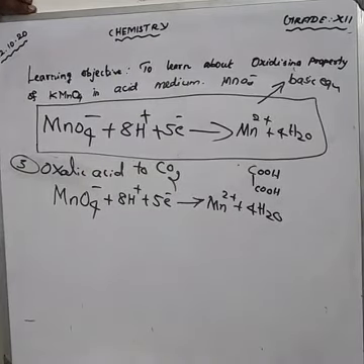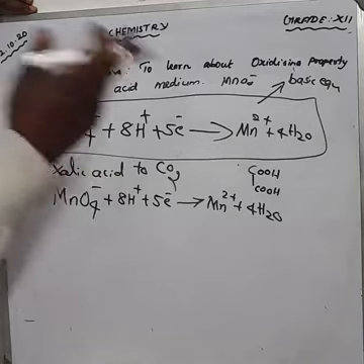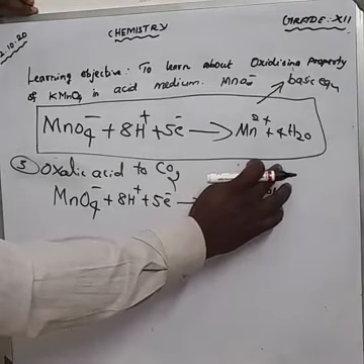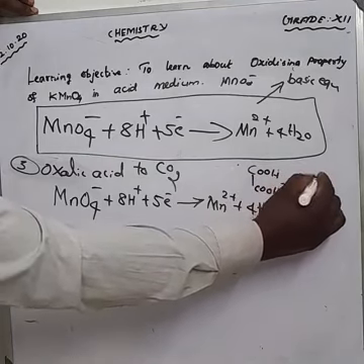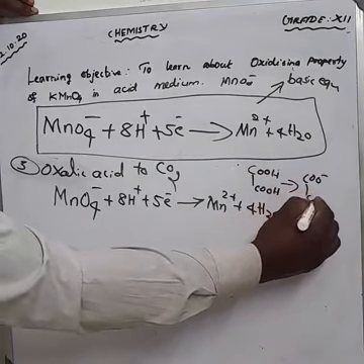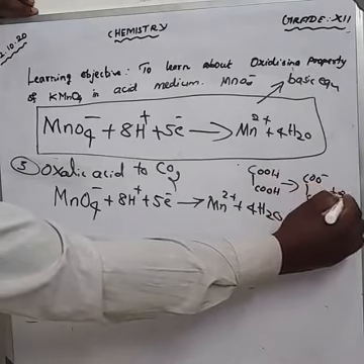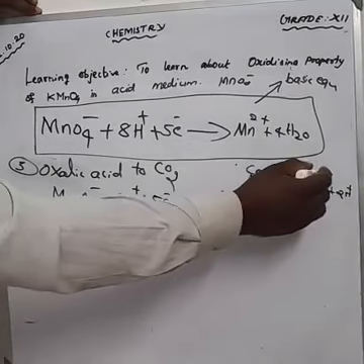Here it oxidizes oxalic acid to carbon dioxide, so we write the oxalate ion. Oxalic acid means we remove the hydrogen, and we get COO minus, plus 2H plus ions.